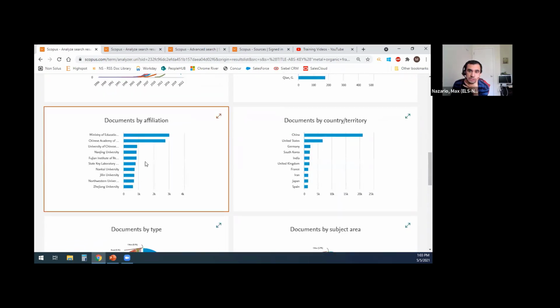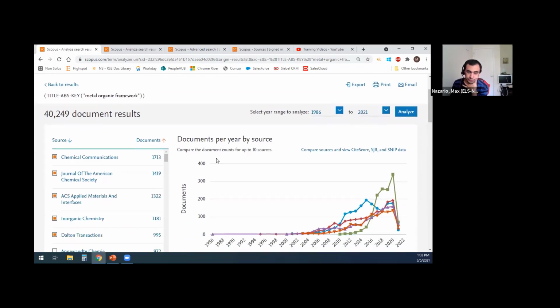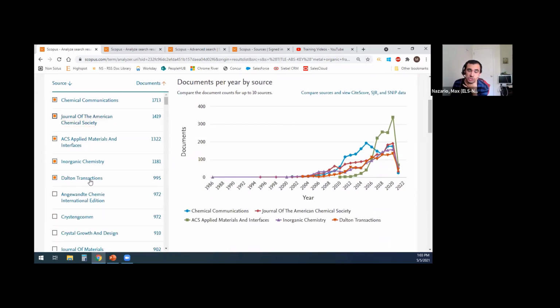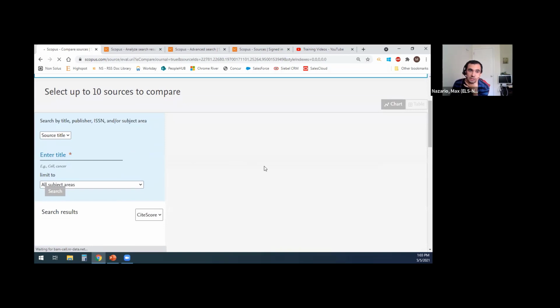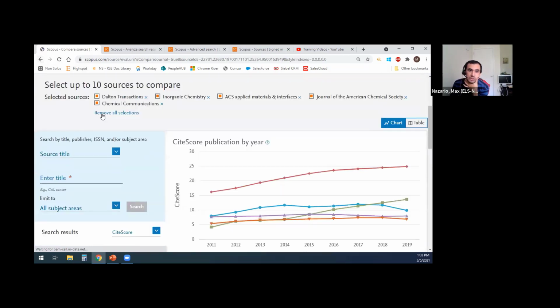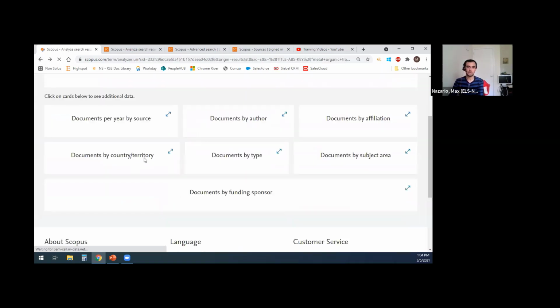If you go to documents by source, you can choose the sources appearing within the search results you've just returned, and you can then compare those sources in order to view their CiteScore. It will automatically choose the top 10 sources that were in that previous result, but you can also add others instead if you wanted to.